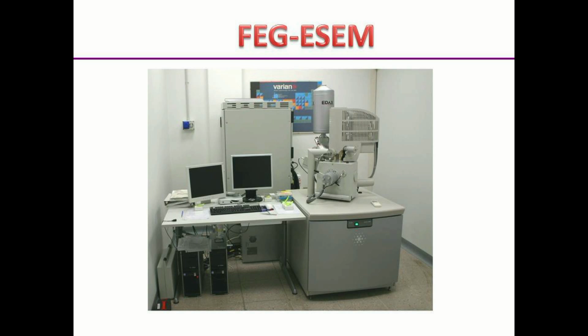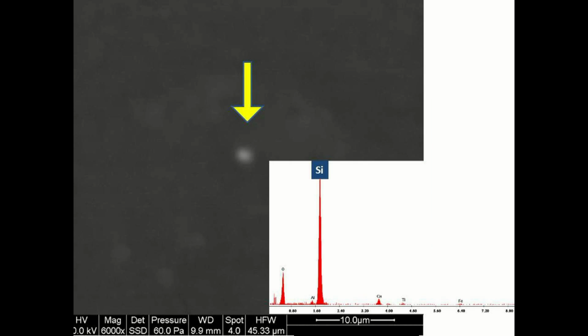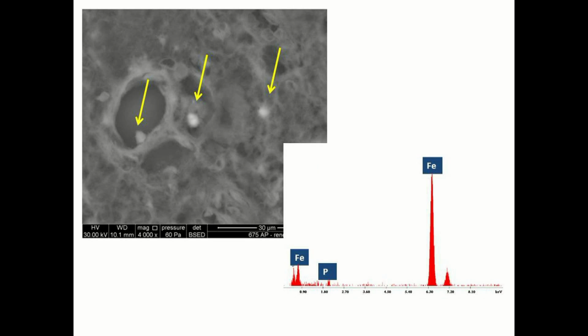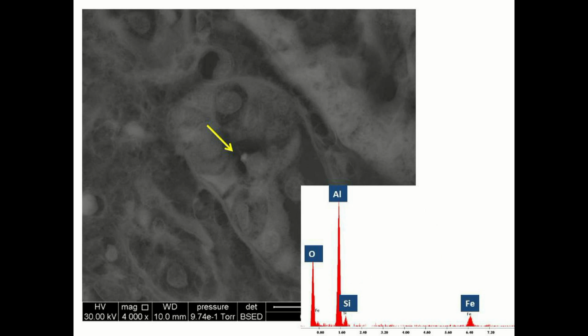Through a field emission gun scanning electron microscope, we investigated some cryoprecipitates. In this picture, you can see a silica spherule embedded in blood proteins. This is a case of 3 iron particles, and this is another case where particles are made of aluminum.